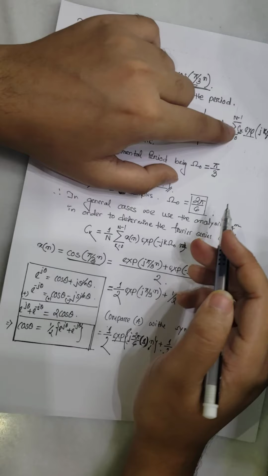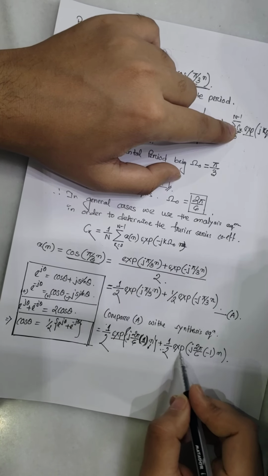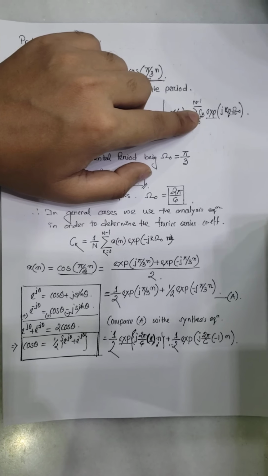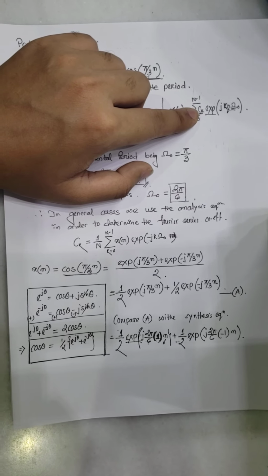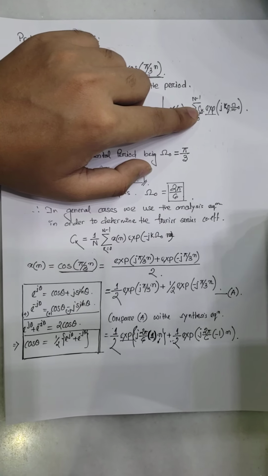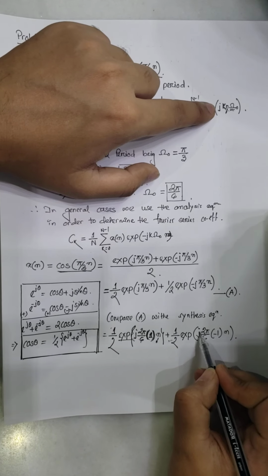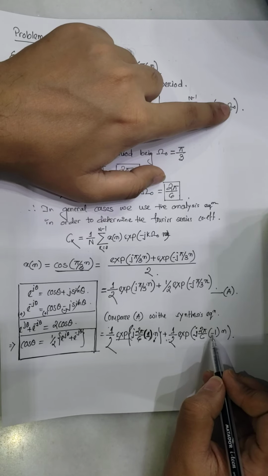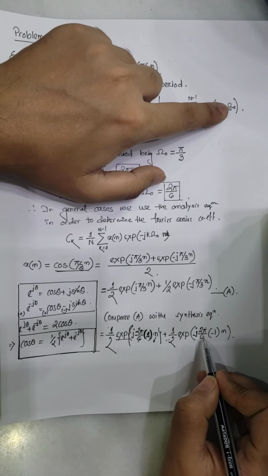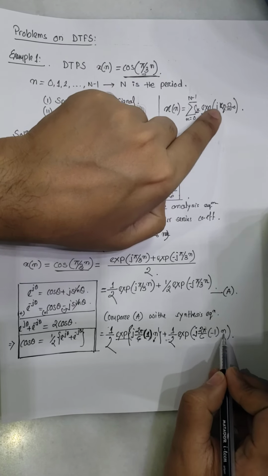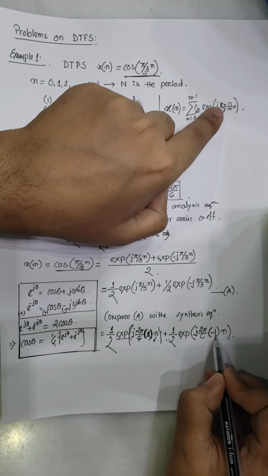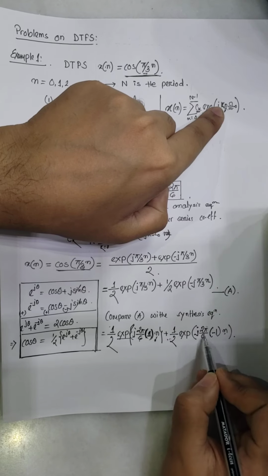Half remains as it is, c of k, and j is similar as well. Omega naught we have written as twice pi over 6 here. N remains as it is, and for the value of k we have taken minus 1 for this negative value.